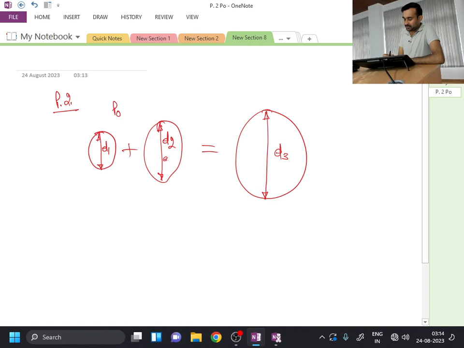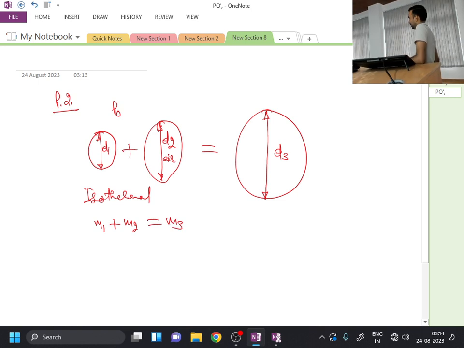The bubbles are of air, and this phenomenon is happening under isothermal conditions. Consider that there is no mass loss. It means if m1 is the mass of the first bubble and m2 is the mass of the second, then m1 plus m2 is equal to m3.